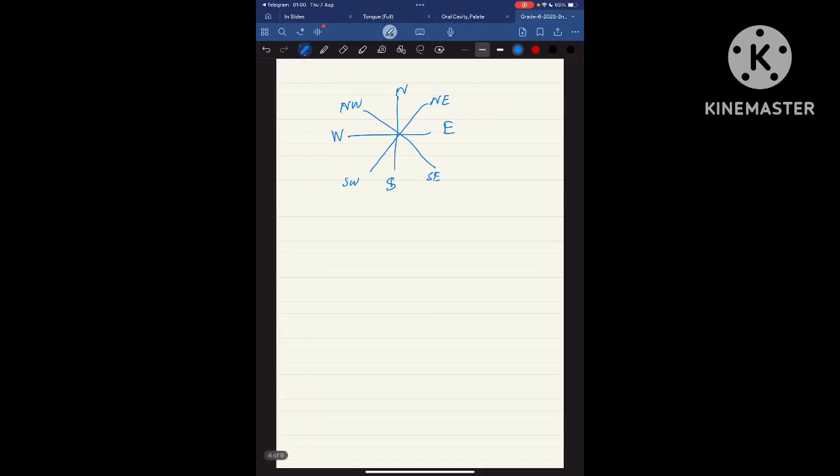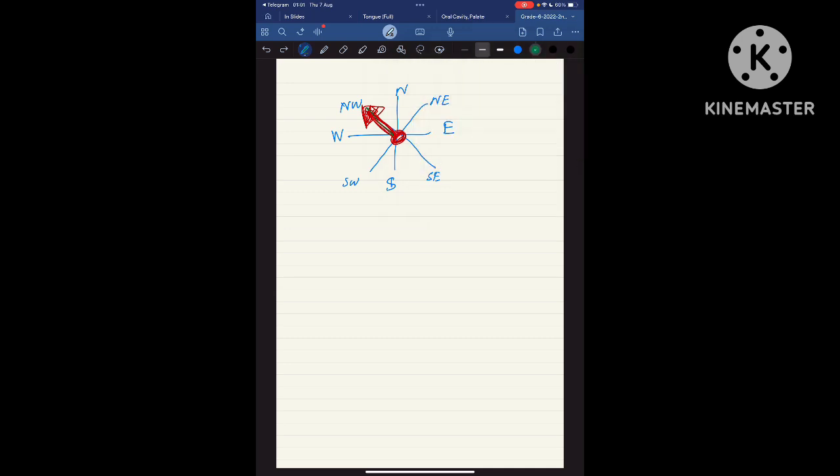Now, Sumit throws rapidly towards the northeast, hits a tree on its way and returns to himself. So, he is here, right? He is here. He throws to this direction and then it returns to himself only.